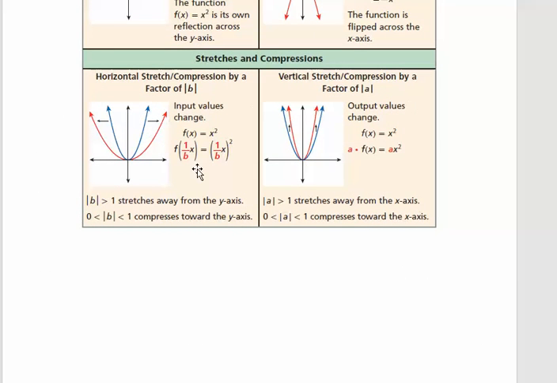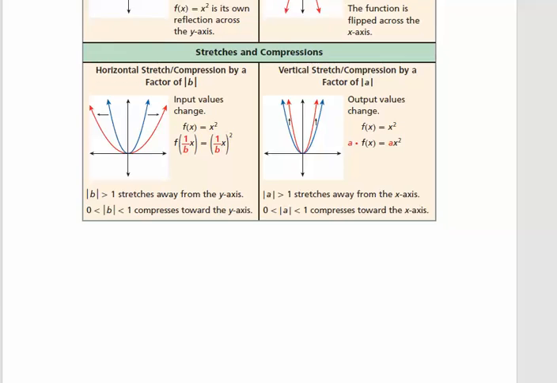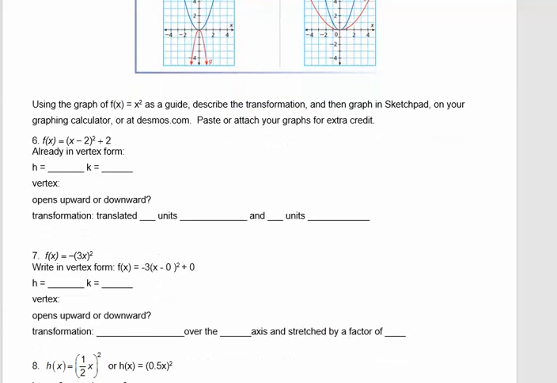So let's look up here. If we have our x being multiplied by a fraction, like we have 1/2, then that means that there is a compression toward the x-axis. So there is a horizontal compression towards the x-axis. So we are going to write that there is a compression.